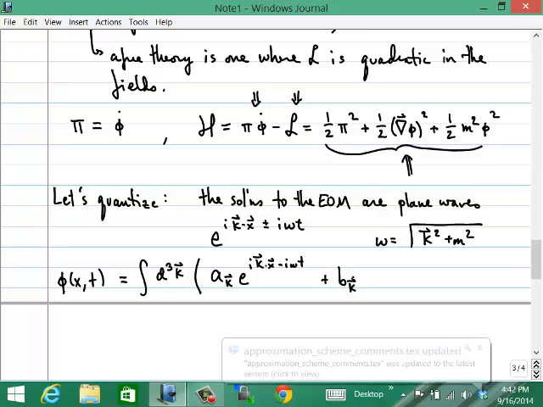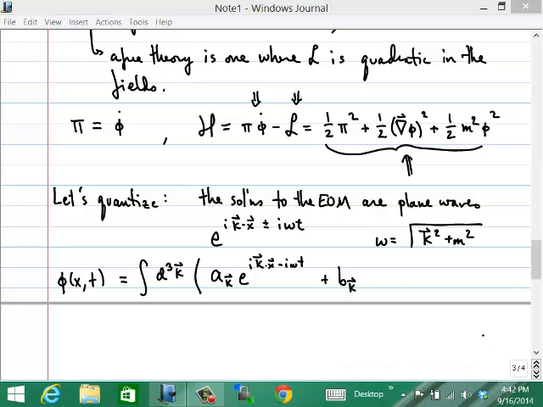So that's the mode that goes like e to the minus i omega t. And then there are also going to be solutions that go like e to the plus i omega t. So that's just a general statement that I can always take my function phi and Fourier expand it. Any phi that's a solution to the equations of motion, I can write in terms of this plane wave basis.